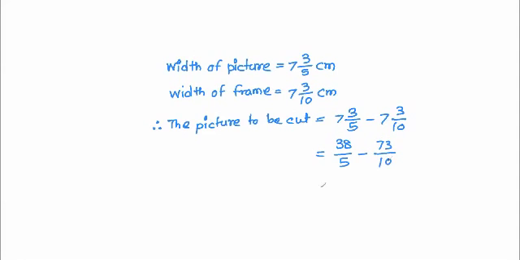Now they do not have the same denominator, so we have to make the denominator same. But here we see 10 is a multiple of 5, which means the LCM is going to be 10. So let's convert this into 10. 5 2s are 10. So 38 2s are 76. So 76 upon 10 minus 73 upon 10 as it is.